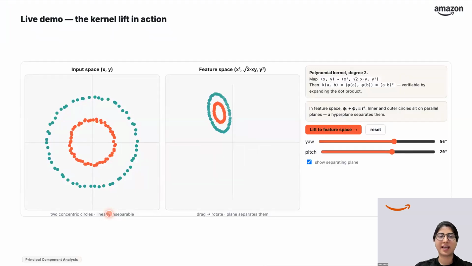Now, if we map this data to a high dimensional space, which is 3D, with coordinates x square, root 2 xy, and y square, and map every point to this 3D space, what we see is that in that 3D space we can have one principal component that separates these two classes. So this is how we can apply PCA to a curved manifold.